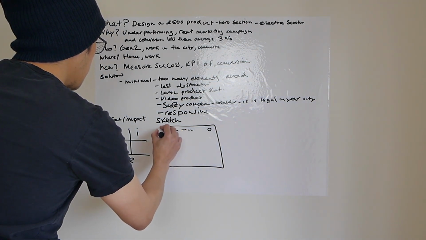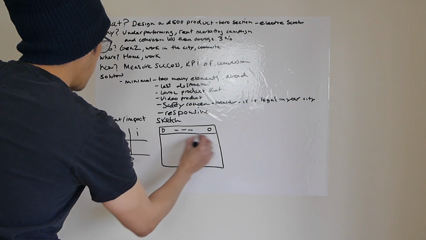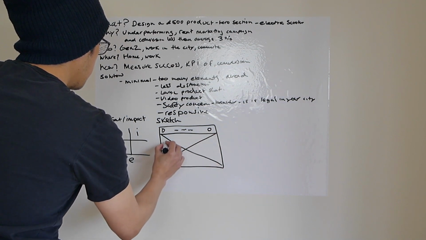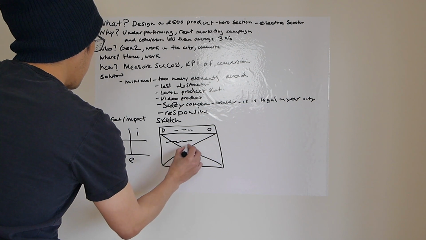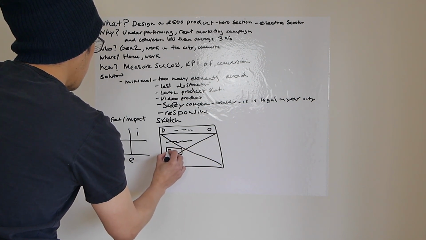So again, I'm just pretending that we're going to go big on here. So let's go like that, and let's go like this. This is for an image, and you've got the value proposition, and you've got a CTA of buy.